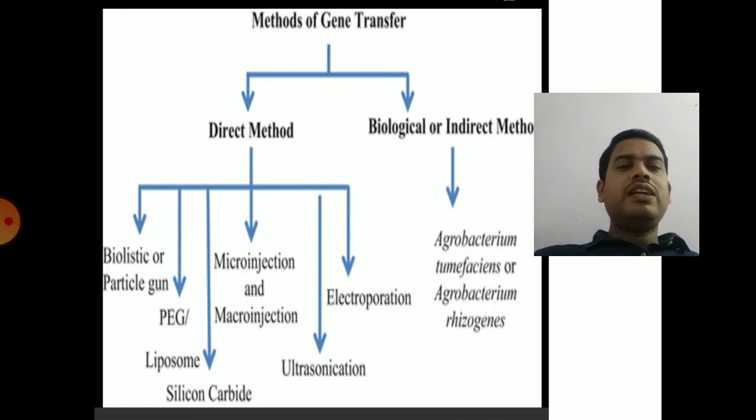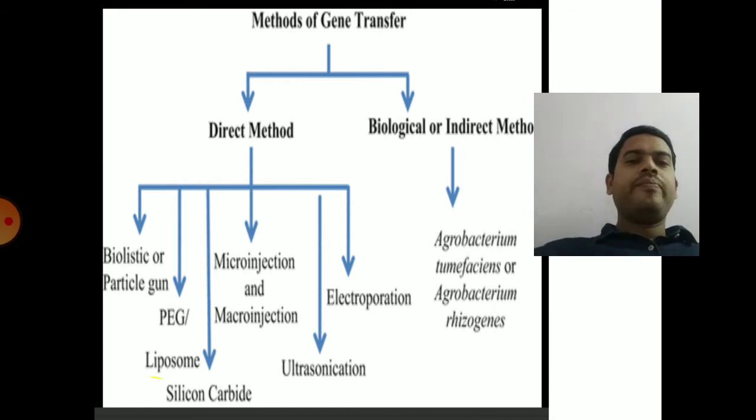By these methods you can transfer your vector containing foreign DNA or transgene into your host cell. Sometimes the transgene construct can be directly introduced by these direct methods without construction of a vector. Then it is called as vectorless gene transfer or direct method.